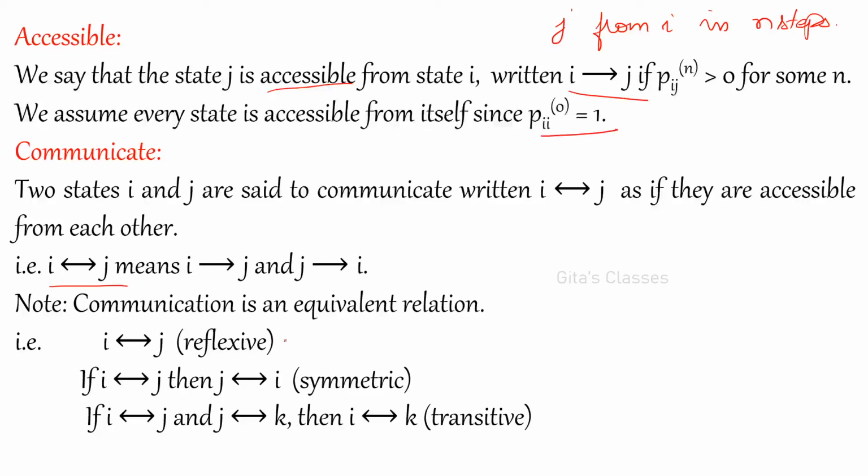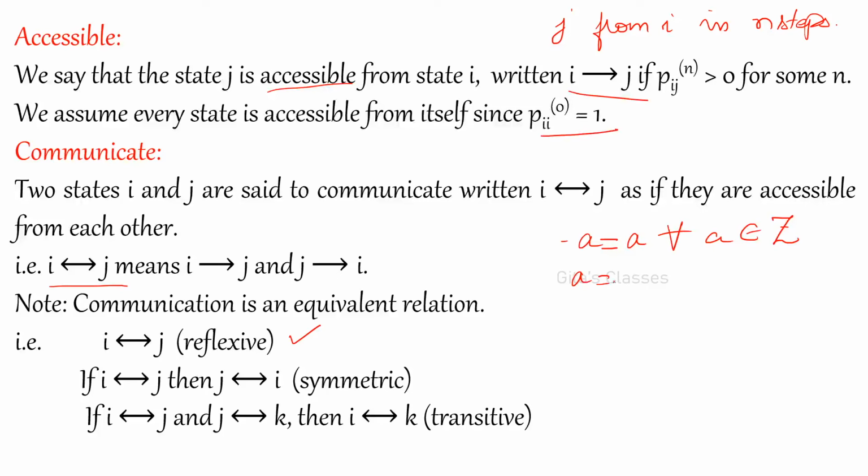Already you would have studied what an equivalence relation is. It is reflexive. For example, in the set of integers, equal to is the relation. a is equal to a for all a in the set of integers, therefore it is reflexive.